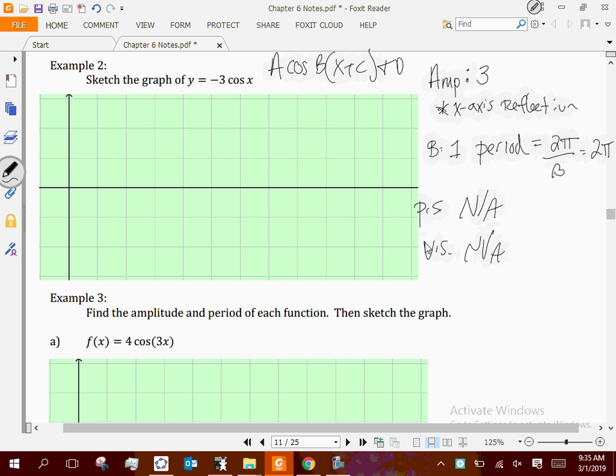So I'm going to ask you to graph 2 or 3 of these, and then I'm going to give you 4 or 5 equations where I ask you, list the information. Tell me what the amplitude is. Tell me if you got an x-axis reflection. Tell me if you've got a different period than 2 pi, that kind of stuff. And if you can tell me how to collect all that stuff and you can collect it correctly, then it's just a matter of putting it in a picture, and I think you could probably do that. Does that make sense? And that's an efficiency thing in terms of time on tests and quizzes.